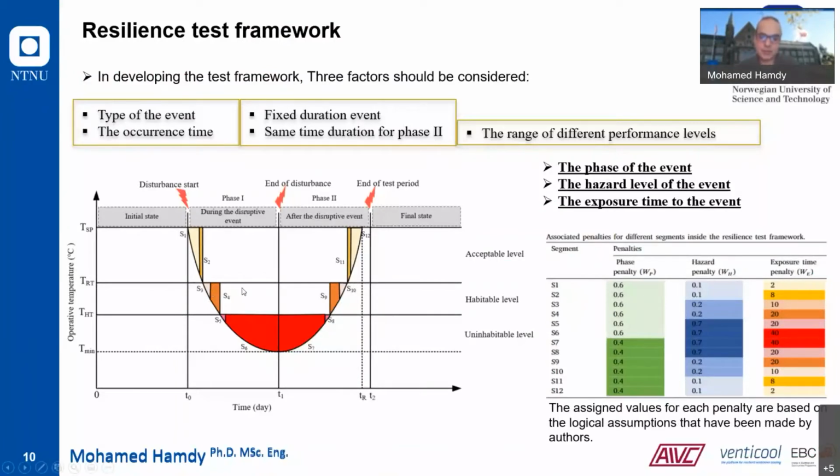The same happens at the second level, the habitable level. We have two different segments for uninhabitable, and the same for recovering. So in the end, we have 9 segments or parts to be considered differently.